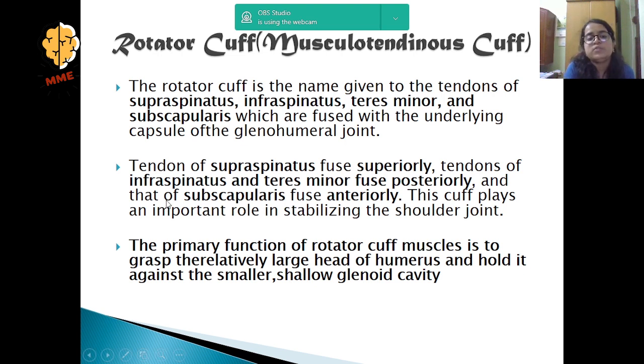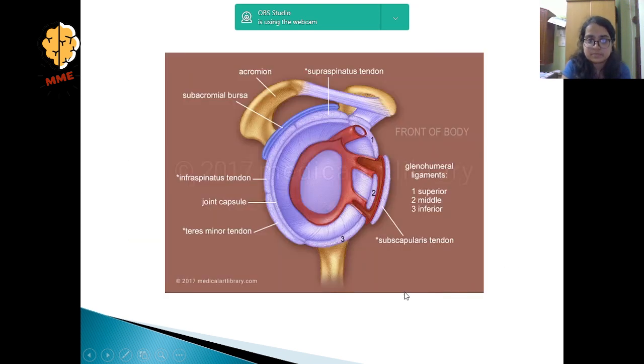The tendon of the supraspinatus fuses superiorly, the tendons of infraspinatus and teres minor fuse posteriorly, and subscapularis fuses anteriorly. The cuff plays an important role in stabilizing the shoulder joint, and the primary function of the rotator cuff muscles is to grasp the relatively large head of humerus and hold it against a smaller, shallow glenoid cavity.